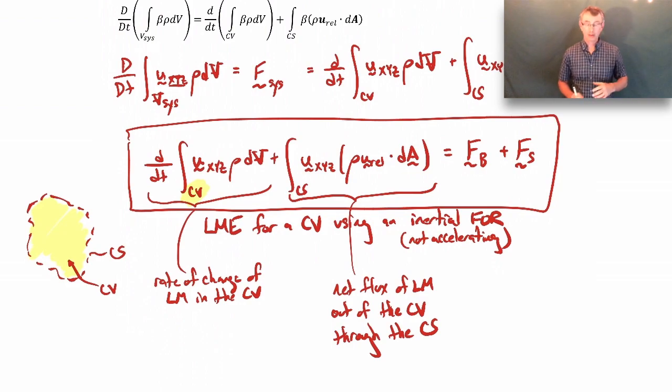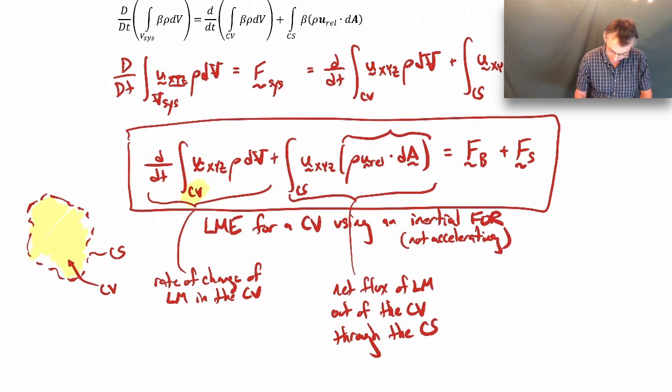It's just that little pieces of fluid may leave the control volume, right, through the control surface, and when they leave, they take some of their linear momentum with them. So we're losing some linear momentum because pieces of fluid are leaving, but we also may be getting some linear momentum as new pieces of fluid come into the control volume. So that's what this term represents, the net flux of linear momentum out of the control volume through the control surface.